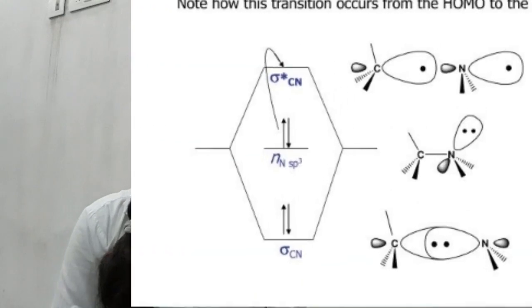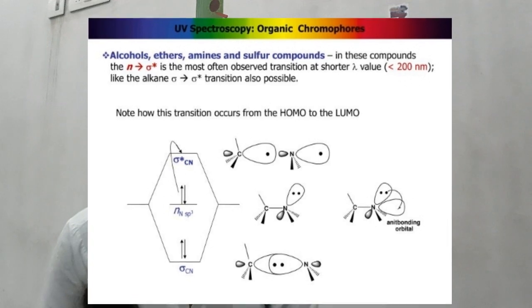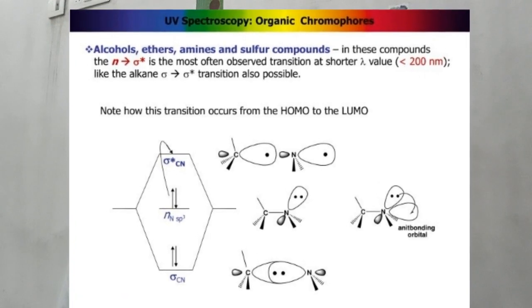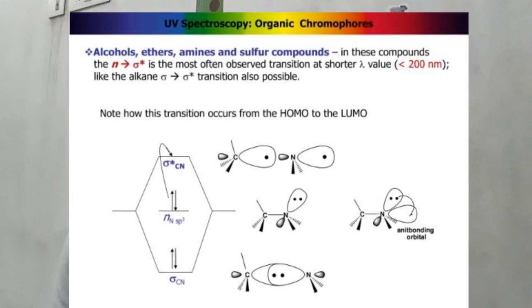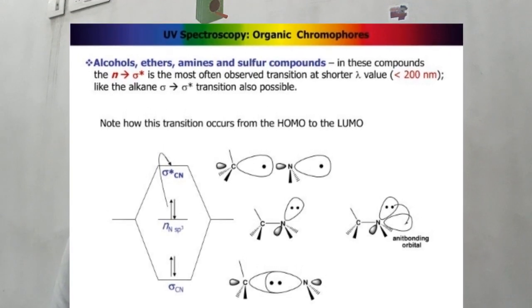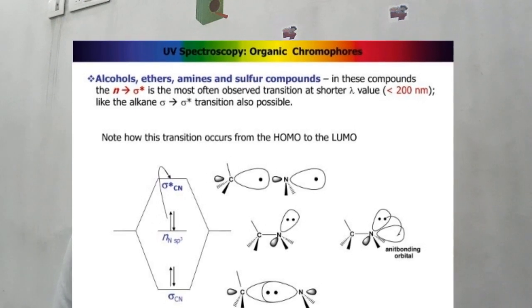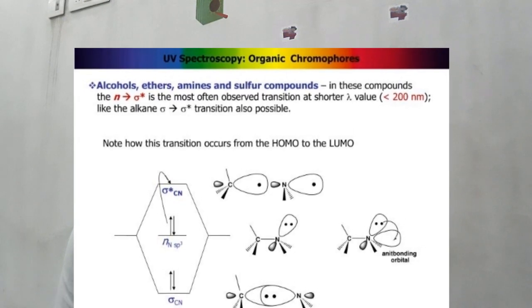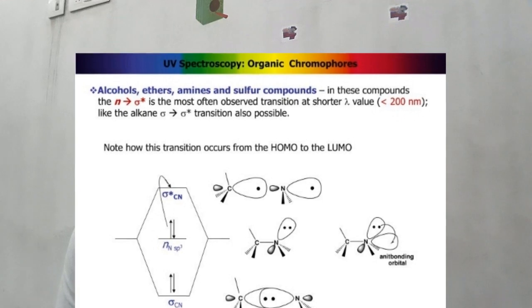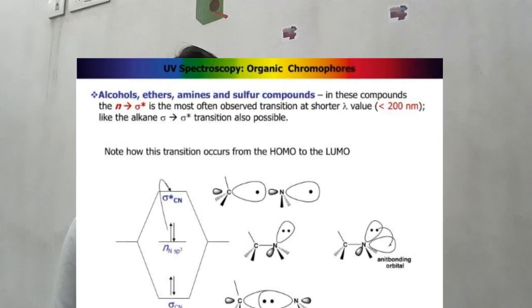Now, n to sigma star transition occurs in molecules with heteroatoms containing lone pairs of electrons, like oxygen, nitrogen, halogens and sulfur. The energy required is lower as compared to sigma to sigma star and pi to pi star transitions, and usually absorption occurs at 150 to 250 nanometer.